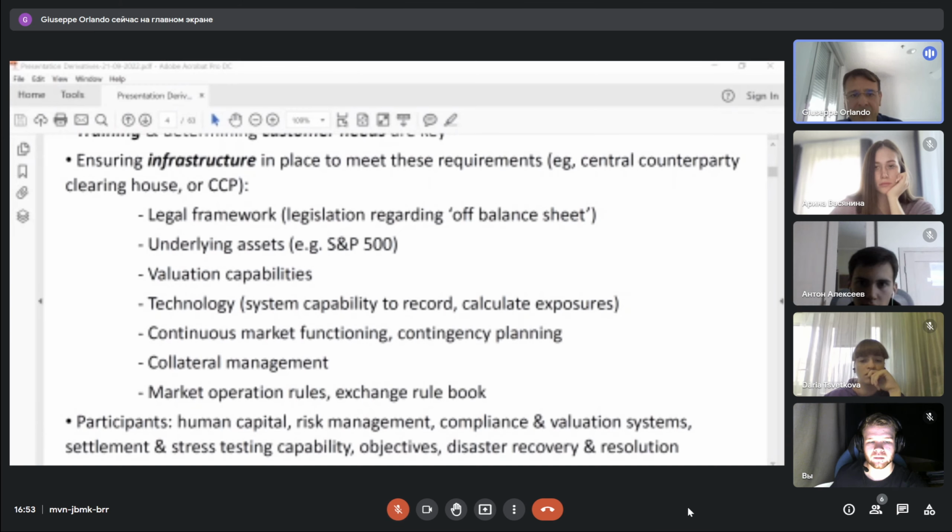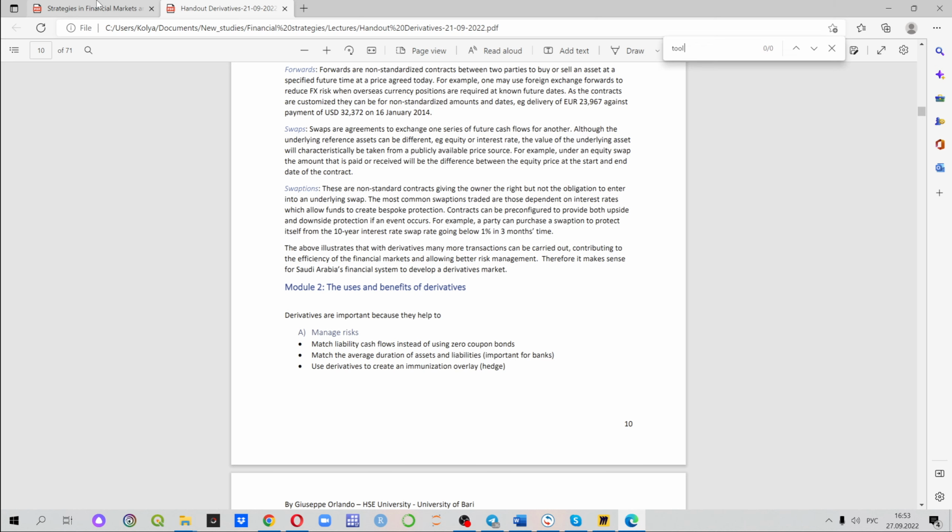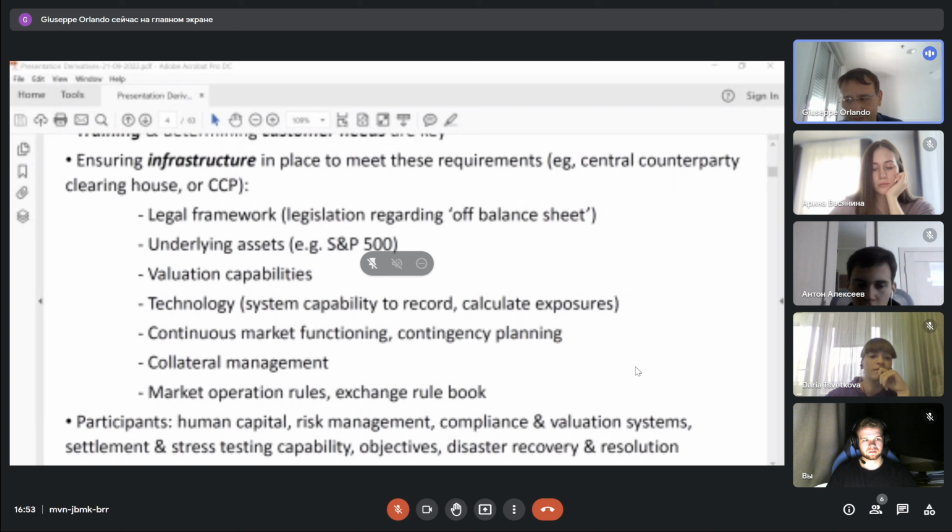So for this reason, again, central counterparty clearinghouses are those institutions that may provide clearing, and through the clearing and netting, as I said, I can reduce my total exposure.